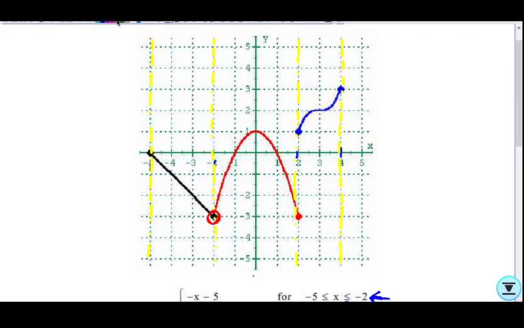So let's start with the range, because it's easier to show. I start with my linear function, which goes from here to here, right? Imagine if I took this part of the linear function and started to smush it, literally pushing it towards the y-axis. This point right here is going to get smushed to right here, and this point right here is going to get smushed to right there.